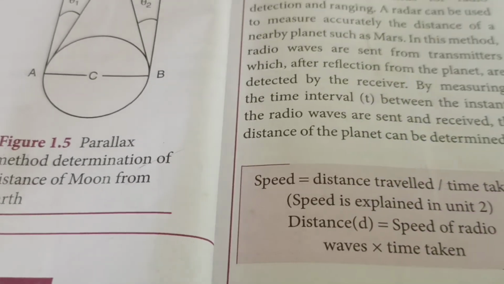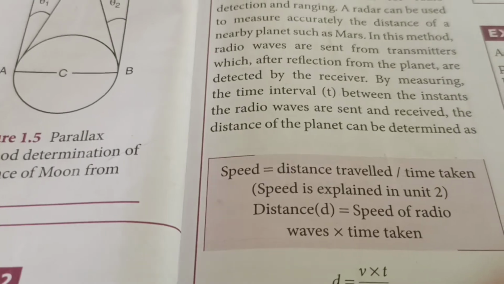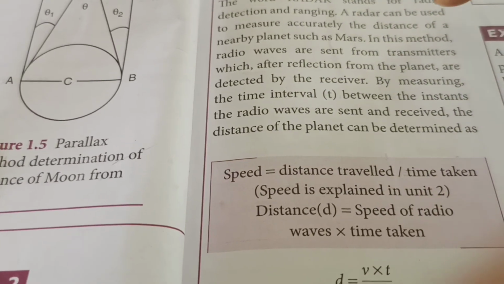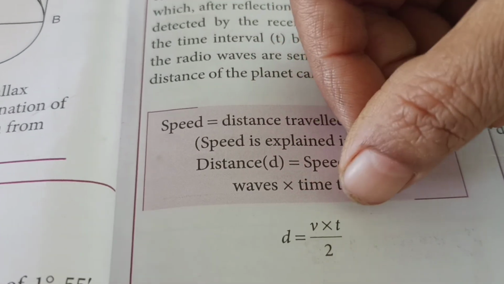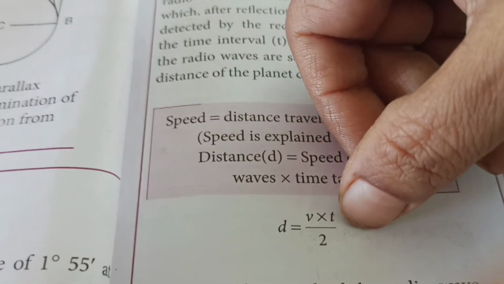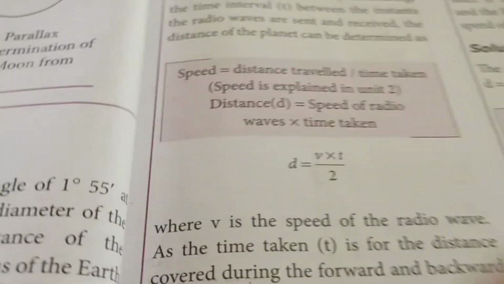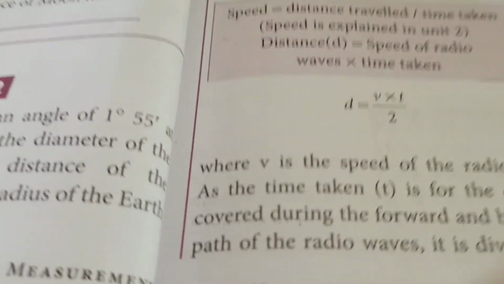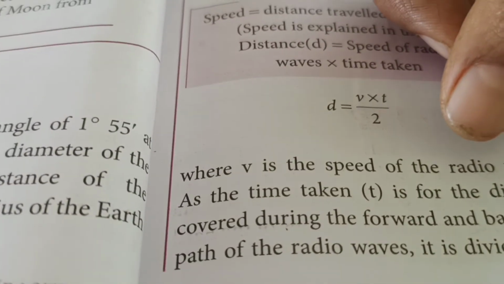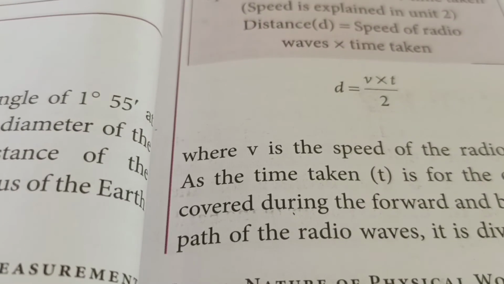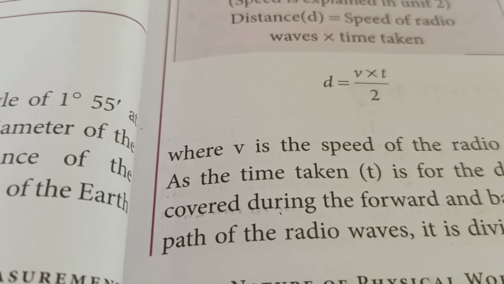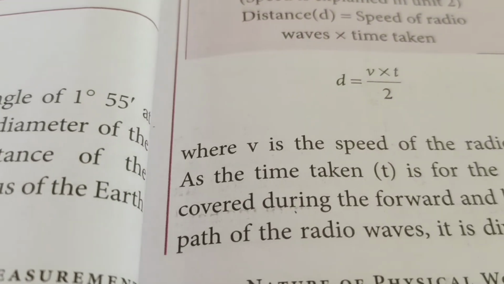So, the distance traveled is 2 times. So, d is equal to Vt divided by 2, where V is the speed of the radio waves and t is the time for the forward and backward path of the radio waves. So, it is divided by 2.